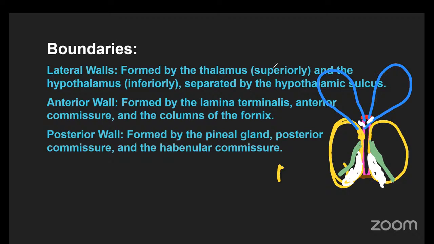If you remember the sandwich, we had the caudate. After the caudate, we had the thalamus here. The caudate was making up most of the lateral wall. The thalamus was also contributing to some portion of the lateral wall. And then we had the thalamus on the floor.